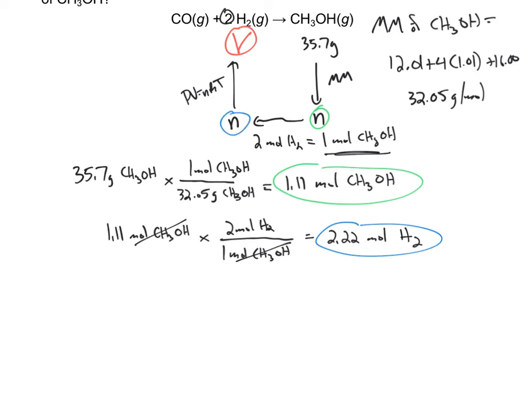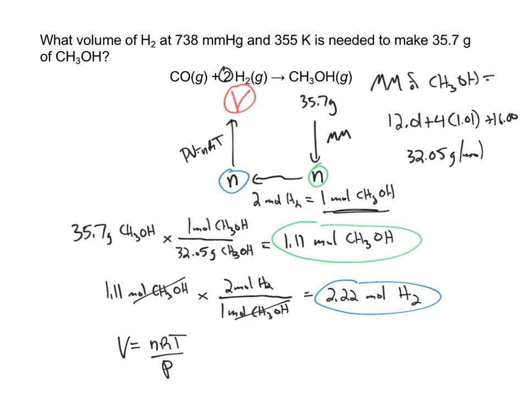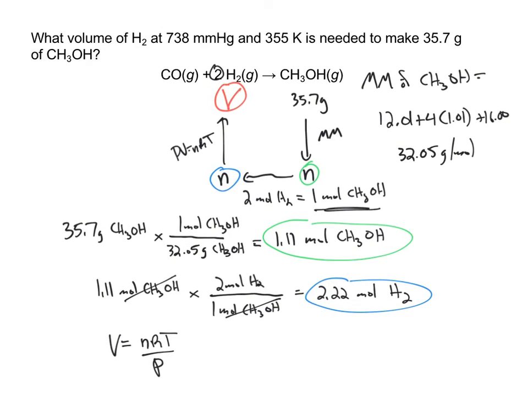And so to go from moles of hydrogen gas to the volume of hydrogen gas, I'm going to use PV equals nRT. Let's rearrange that for volume. I need to divide both sides by P, so V is nRT over P. I have the moles. Let's go up and see what else we have. I have the temperature, that's in the right units. And I have the pressure, but I need that to be in atmospheres. So I need to convert millimeters of mercury to atmospheres.